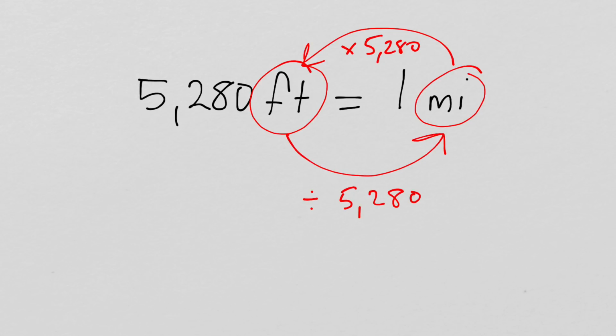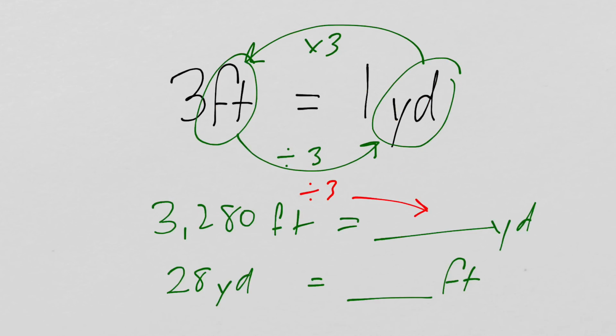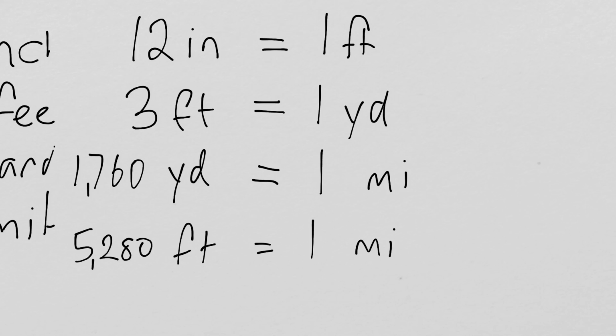However, if I've got something like 3 miles, it's just 3 times 5,280. That would be easy. With the yards, you'd have to multiply or divide by 1,760. So that's the idea. If you know the ratios, then you know what to multiply and divide by to convert between the two of them.